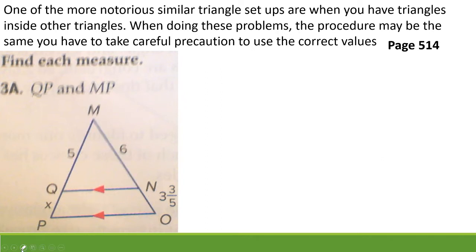Now, how do I know that those two triangles are similar? Well, because they have two congruent angles. So they both share this angle right here, angle M. So angle M is obviously congruent to itself. And because these lines down here are parallel, that means that these two angles are congruent and these two angles are congruent. And the reason I know that is because they're corresponding.